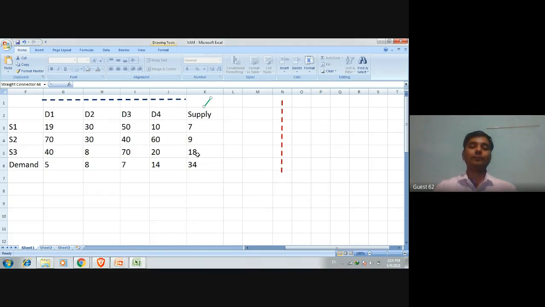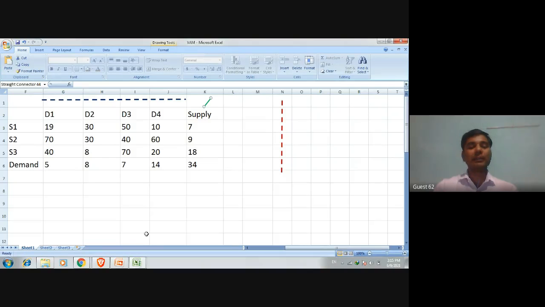Let us check whether demand is equal to supply: 5 plus 8 is 13, plus 7 is 20, plus 14 is 34. So demand and supply are equal, and this type of problem is called a balanced transportation problem.